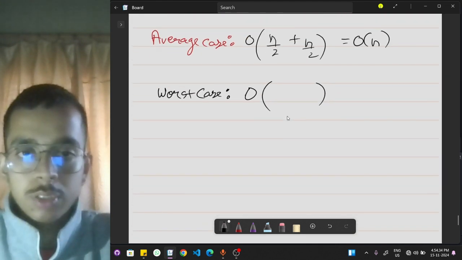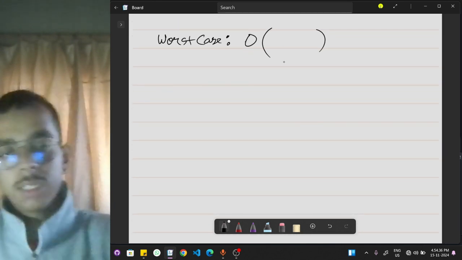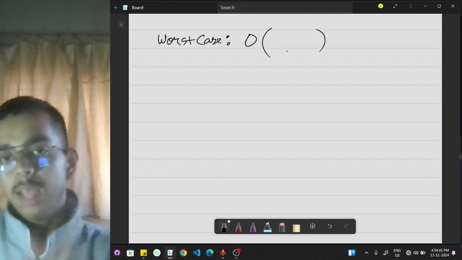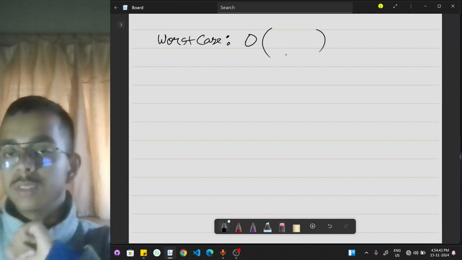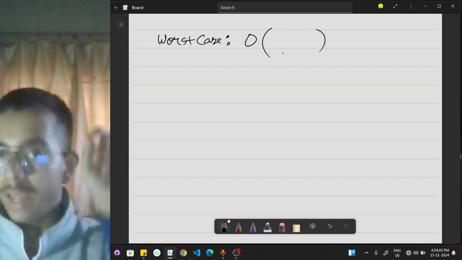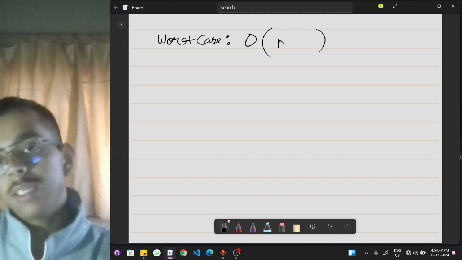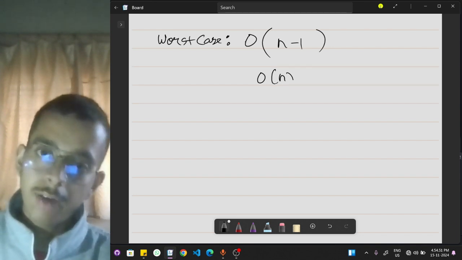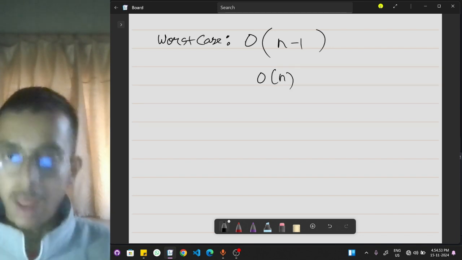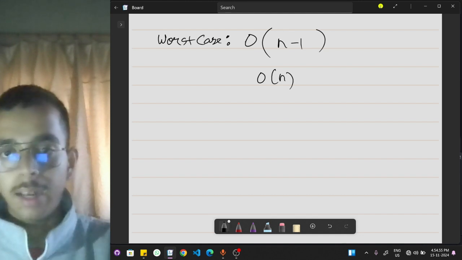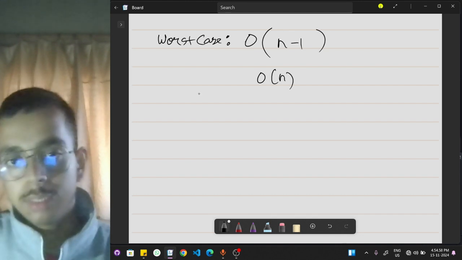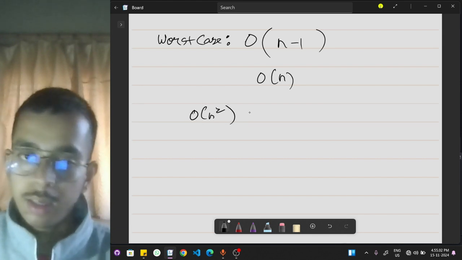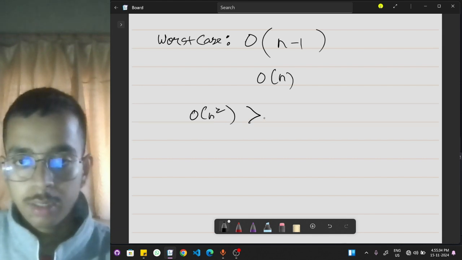Even in that case, I is going to take around n minus 1 steps, and J is going to take around n minus 1 steps, that is, traversing the whole array. So that ends up being O of n.